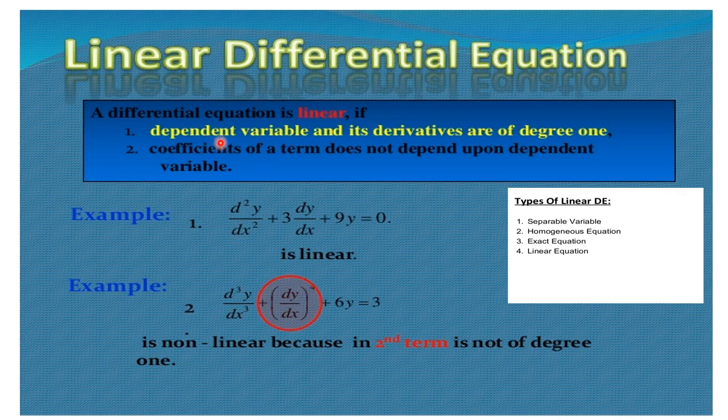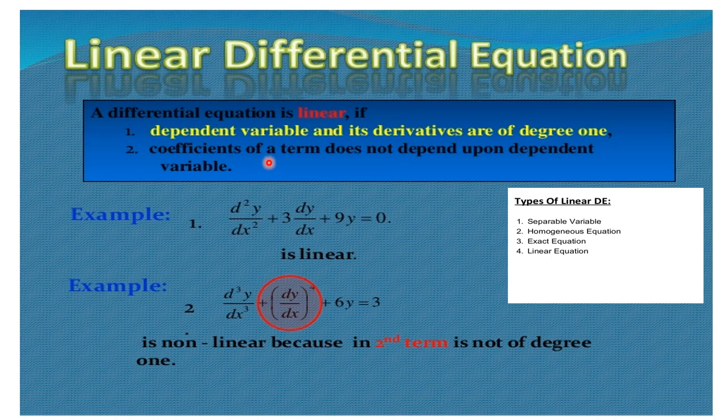A differential equation is linear if the dependent variable and its derivatives are of degree 1. I hope you know what degree is now. Degree is the power of the highest order derivative.